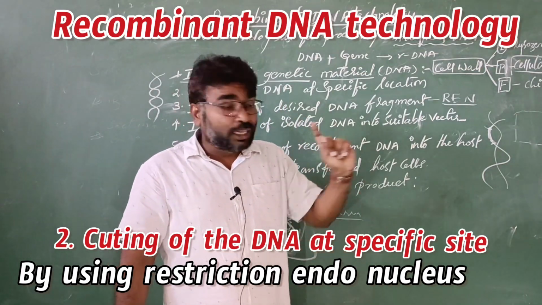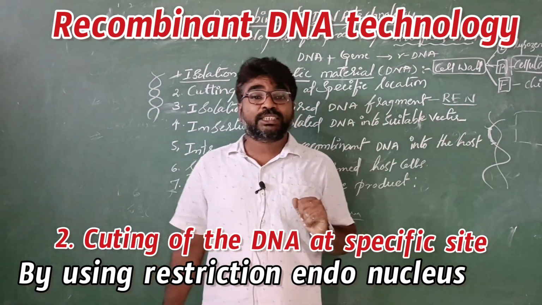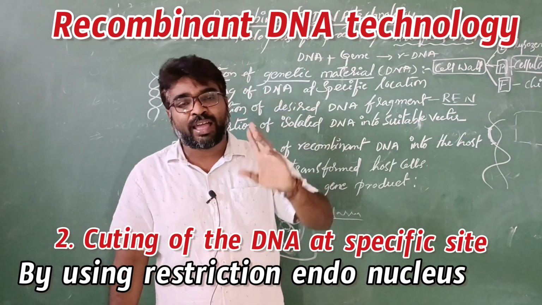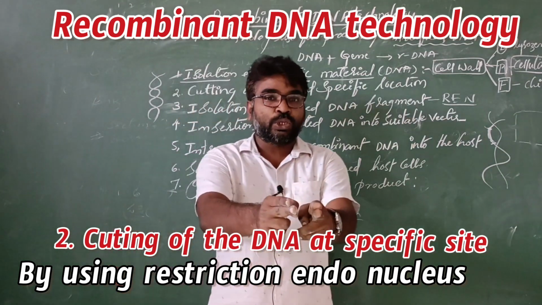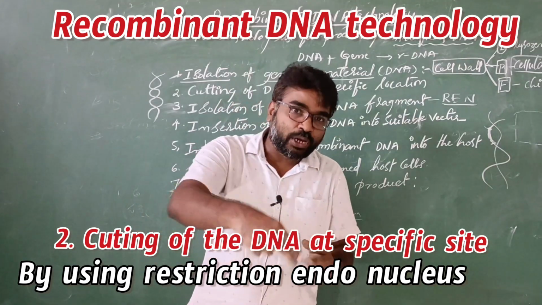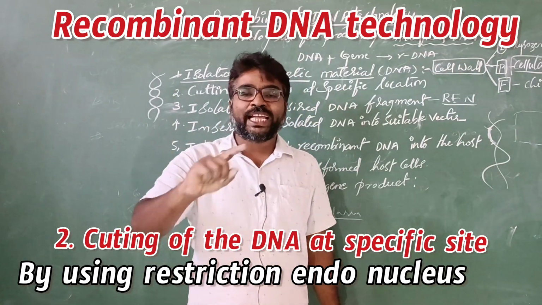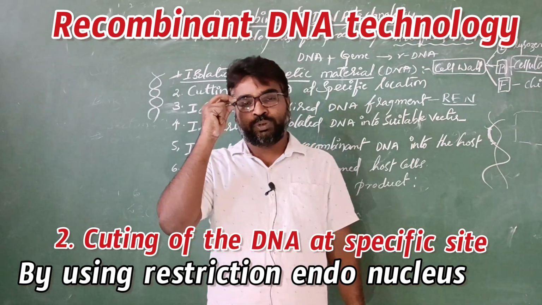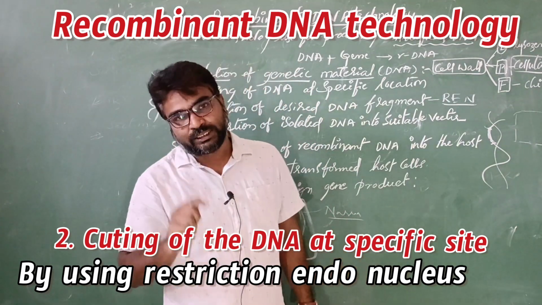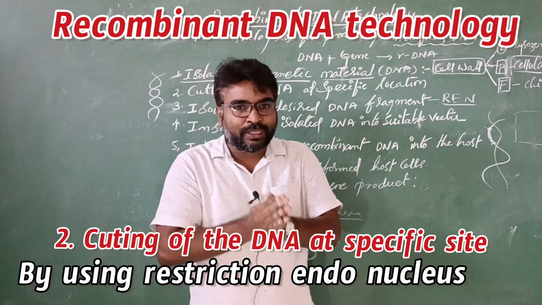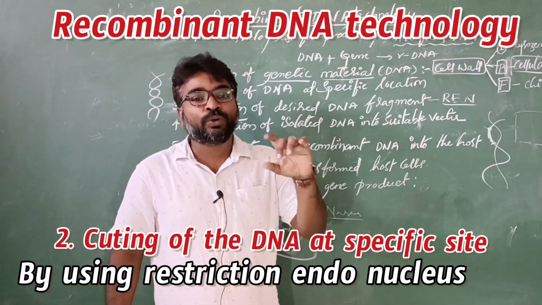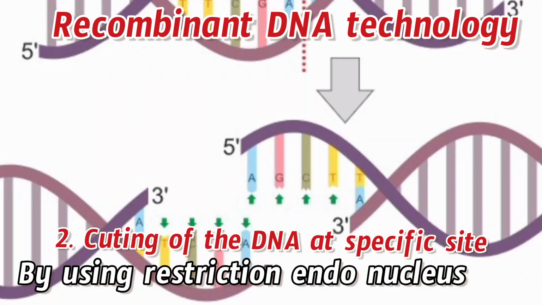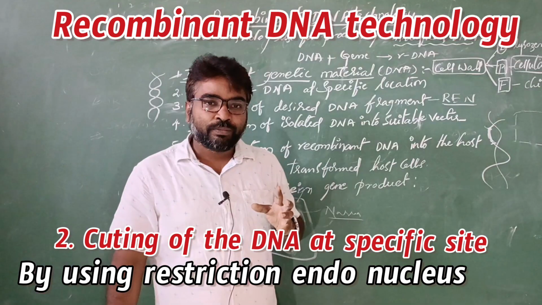Okay. That restriction endonuclease we also call molecular scissors. It cuts the DNA molecule, so we call it molecular scissors. Depending upon where we want to cut, different types of restriction endonucleases are there.